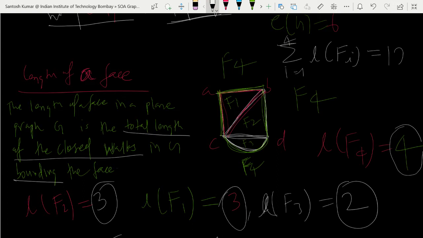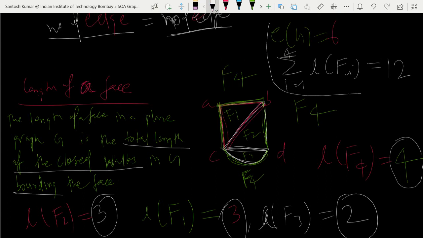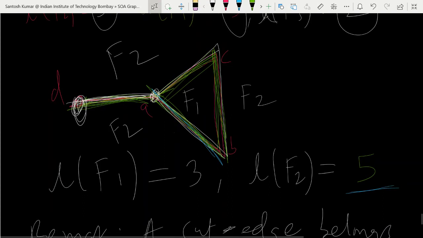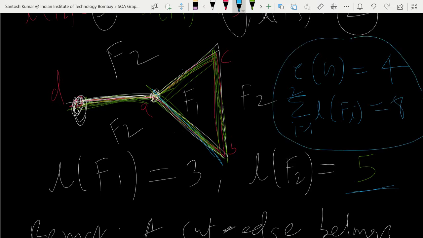It is 12, twice the number of edges of the graph. Yes. So you know this already. In any graph, you will see this. Here also we can notice: the number of edges in the graph is 1, 2, 3, 4, and the sum of all face lengths, since you have 2 faces, is 8.